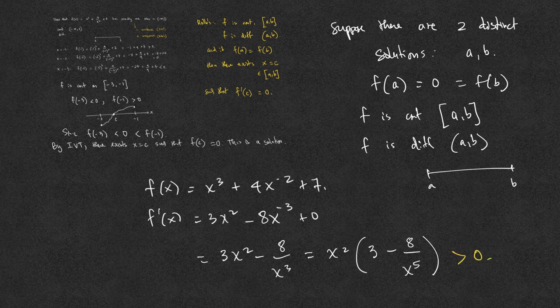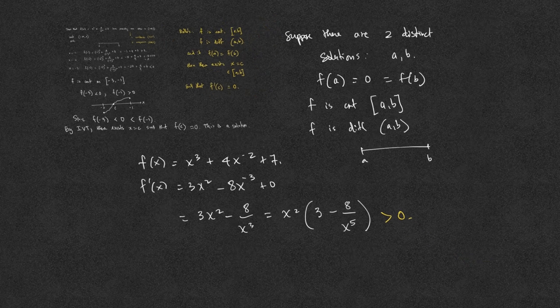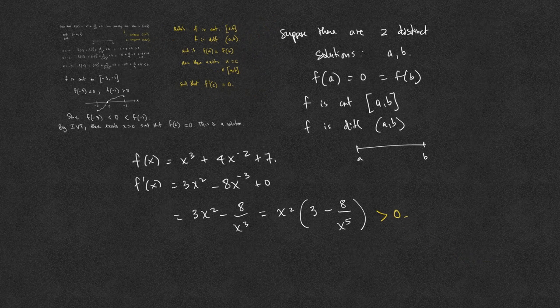But this is a contradiction, because if f prime is always positive, then there is no x equals c such that f prime of c equals 0, because f prime, we just showed, is always positive. There's no c such that the derivative is 0. And so this is a contradiction.